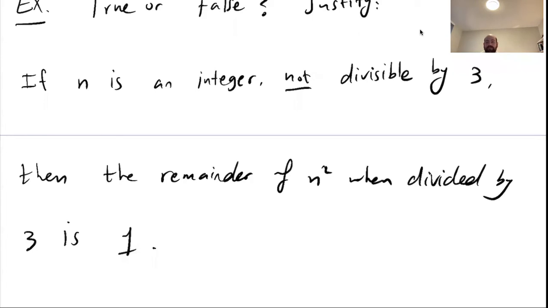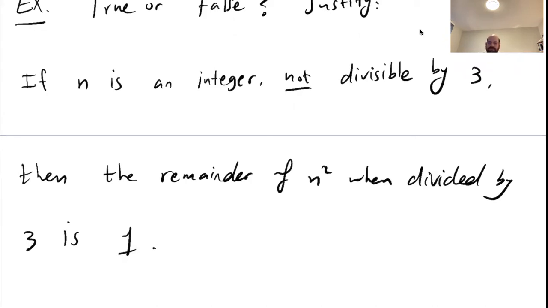Well, we know that if you want to show it's true, we have to prove it in general, not with examples. But maybe, if you want to know whether a theorem or a statement is true or false, or even if you know it's true and you want to prove it, it's always good to think about some examples just to get an idea.